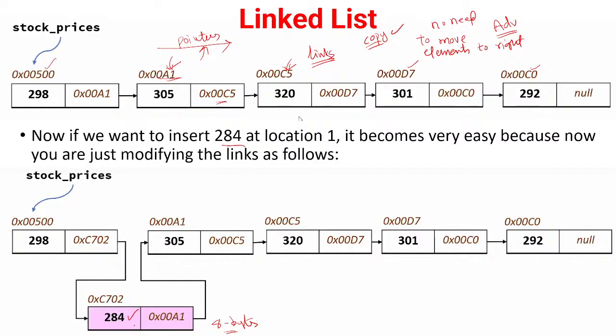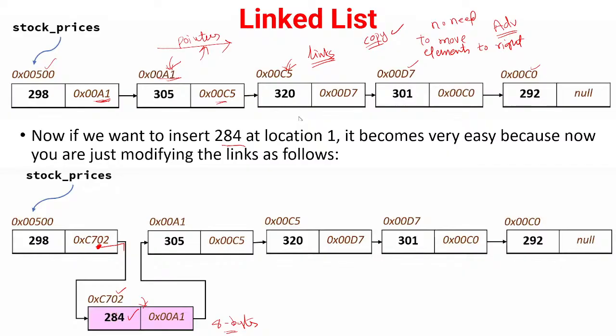Once you store 284, if this is to be the second element, then 298 remains the first element. The next pointer here previously had the A1 address. Now we store this node's address here, which is something like 702. Now this pointer is pointing to the 284 element.